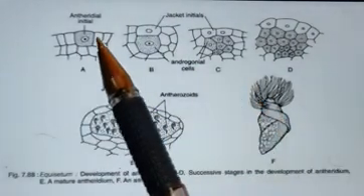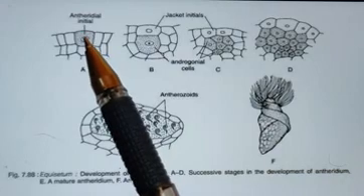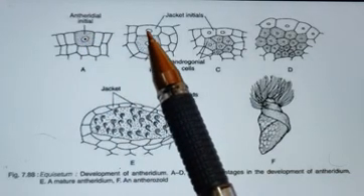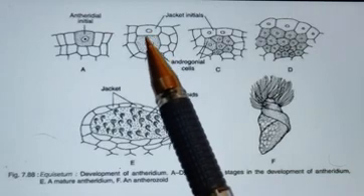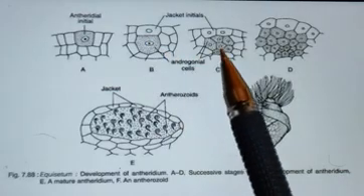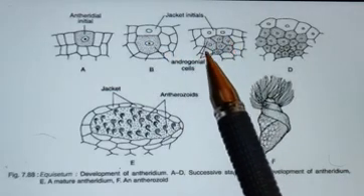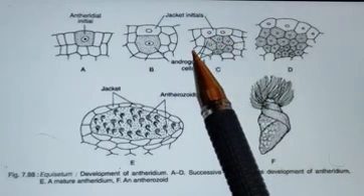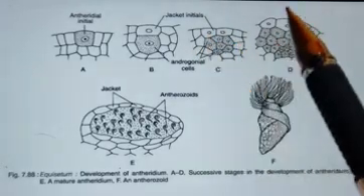So you can see this is the single superficial cell or antheridial initial cell. This cell divides to produce the jacket initial cell and the androgonial cell. The androgonial cell divides and produces androcytes, and the jacket initial cells cover the jackets.